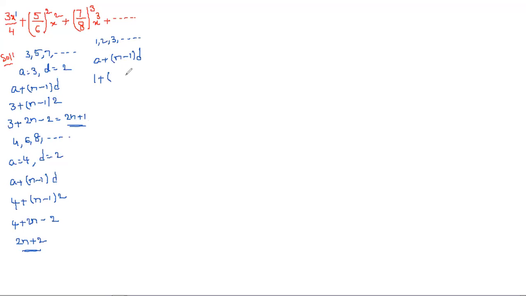So 1 + (n-1) into 1, the 1s cancel, and you get n. Now let un be equal to the following. The numerator we got as 2n + 1 and the denominator as 2n + 2, the whole thing to the power n, into x^n. So this is the un we got.